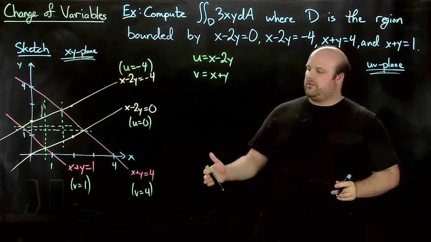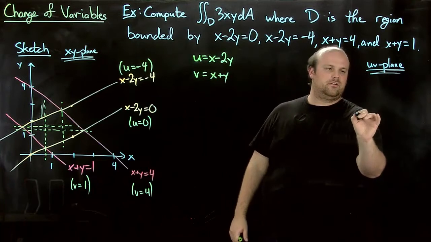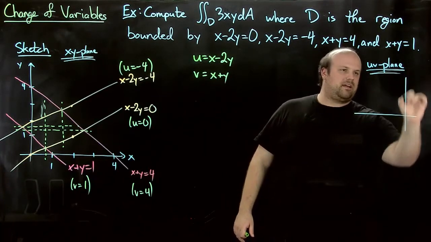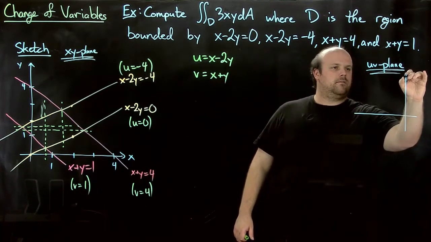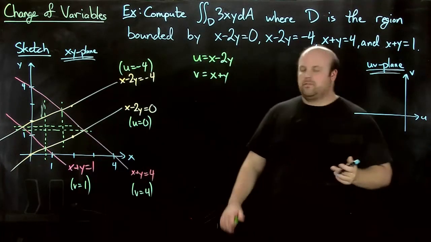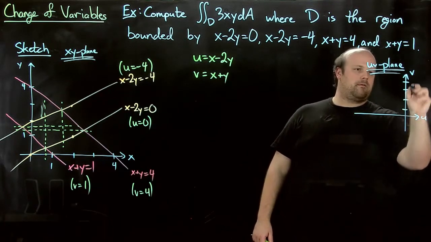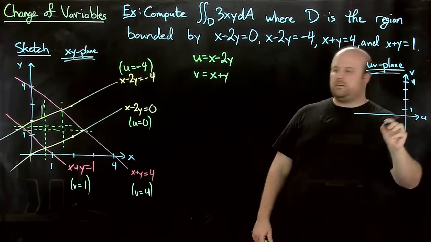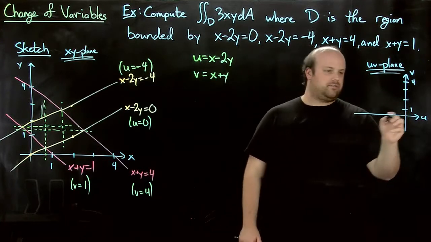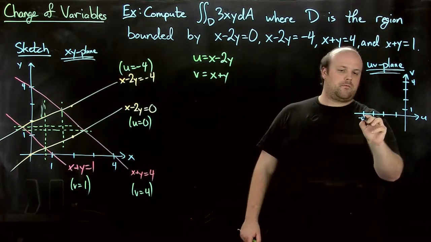So u needs to go from minus 4 to 0, v from 1 to 4. So let's set up our axes here. Let's say this is u and v. So v needs to go, here's 4 and 1, and u needs to go from minus 4 to 0.